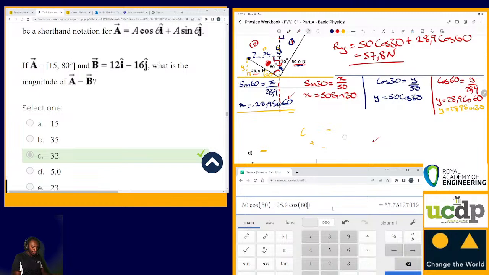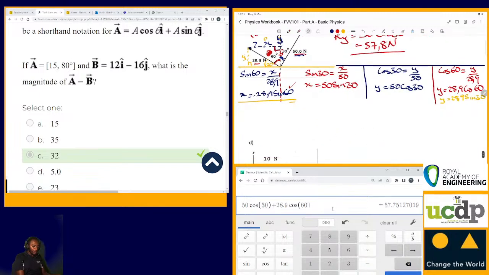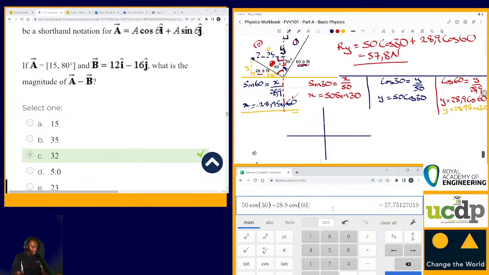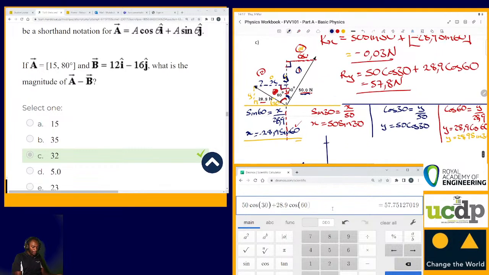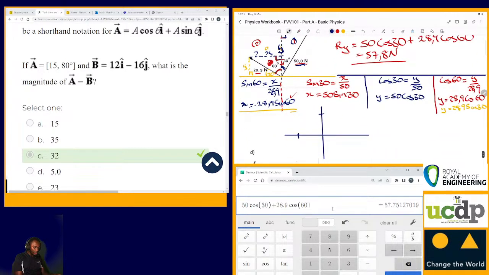So I'm just going to erase this so that we have space. You already know what we were doing here. To find the direction, now we have to sketch to see which quadrant we are going to be in. Our x is negative, so we should be here, and our y is positive, so we should be in that quadrant, the second quadrant.